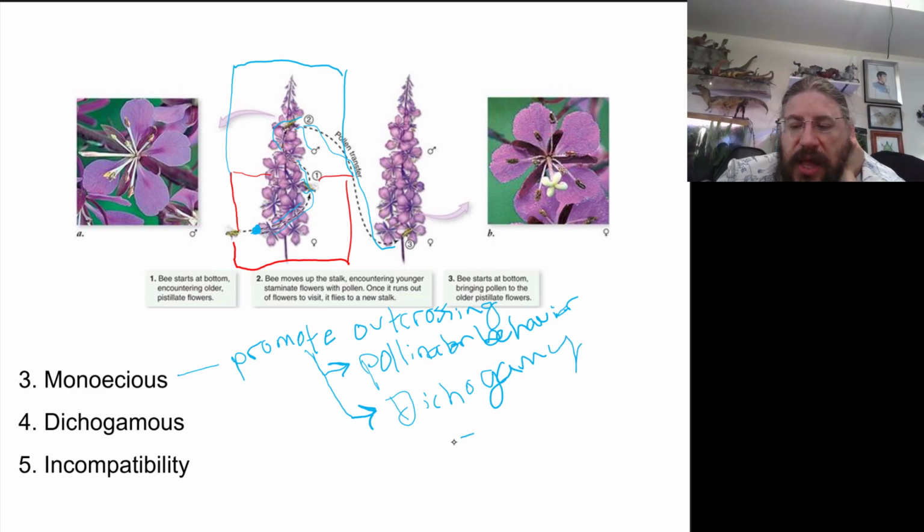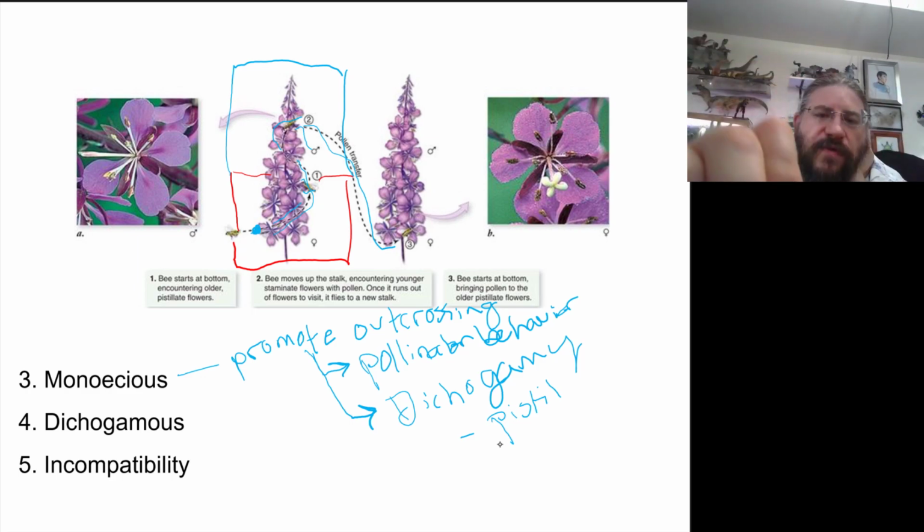Dichogamy is basically the pistil, the female reproductive structure, the carpel / the pistil. I keep talking about the stigma, but that's just the part at the very tip where pollen lands.